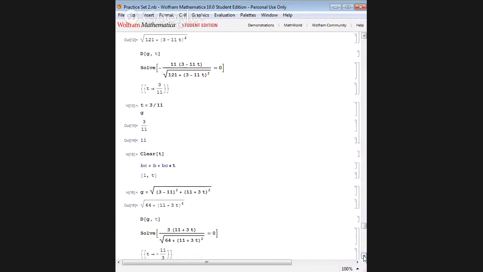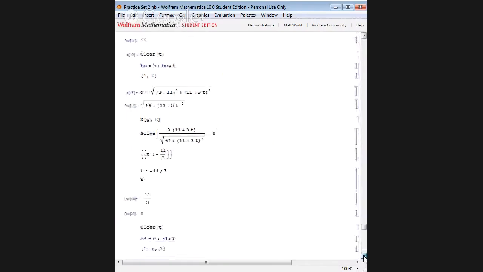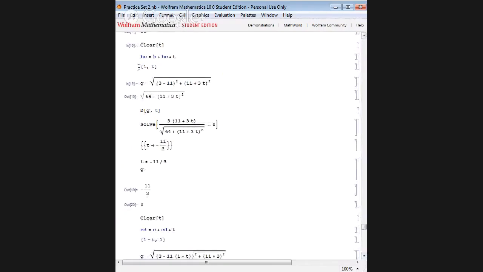My problem is I've got other minimums down here. I don't know if I plugged something in wrong, because I did BC the same way. I found the value and plugged it into my distance formula F, which I renamed G since I'm working with it in a different spot.